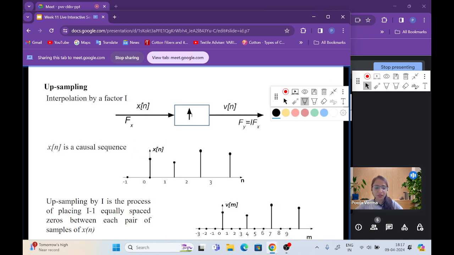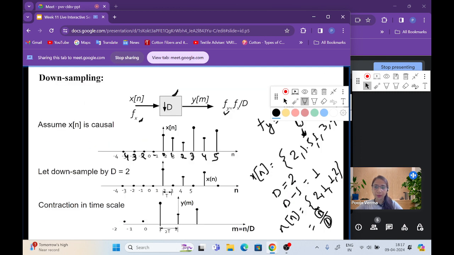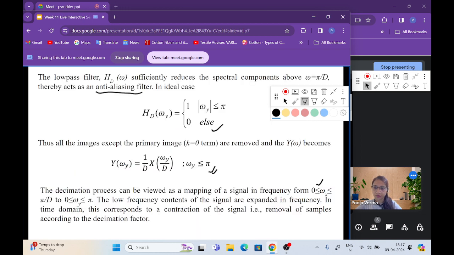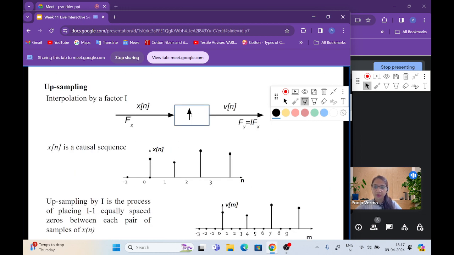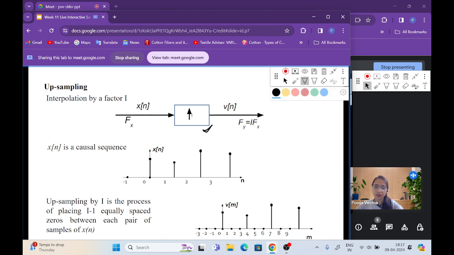So that one is downsampling or decimation, where we decimate or reduce the number of samples from the sequence. And another one is upsampling, that is interpolation. This is a block diagram of interpolation, where x of n is the input sequence and v of n is the output sequence.